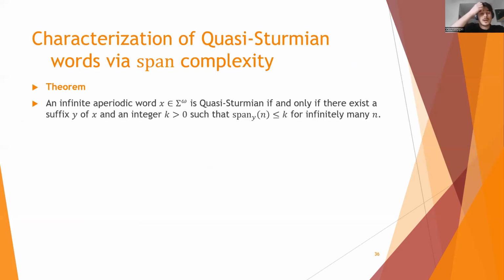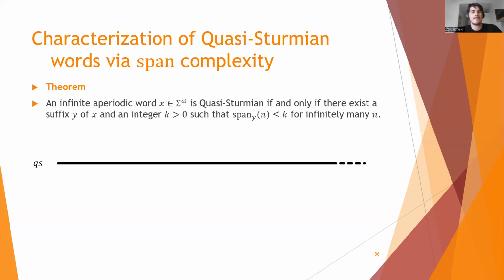So we were able to obtain the following characterization. We prove that an infinite aperiodic word X is quasi-Sturmian if and only if there exists a suffix Y of X and an integer K, such that the span of this suffix is always less or equal than K for infinitely many n.